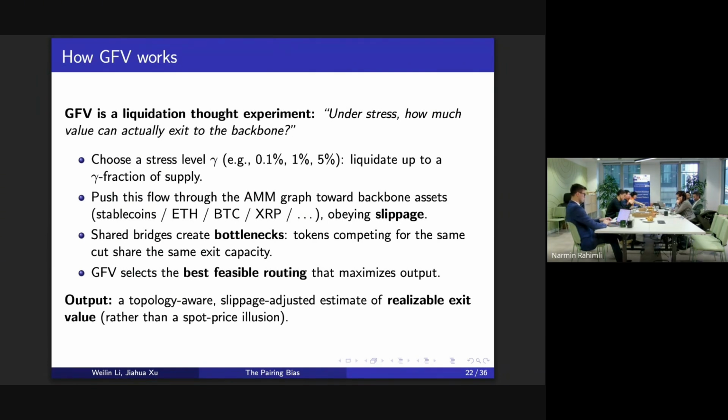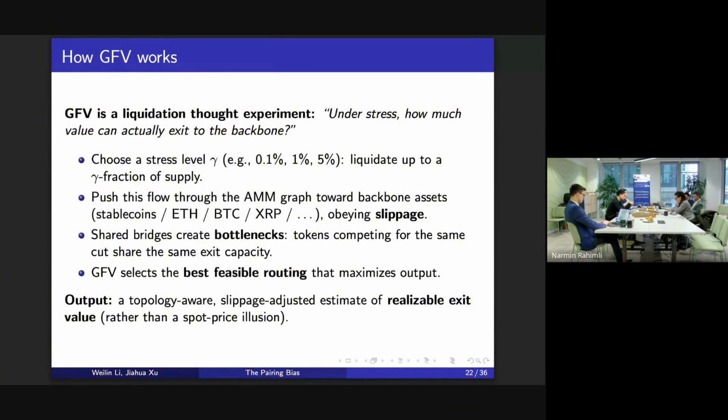One day, when all the holders want to exit your system, how much value can really be realized? And when we do this valuation, because liquidity can increase, like market makers can post more limit orders, or people can keep buying this token when the price drops, we introduce a parameter gamma, the stress level.